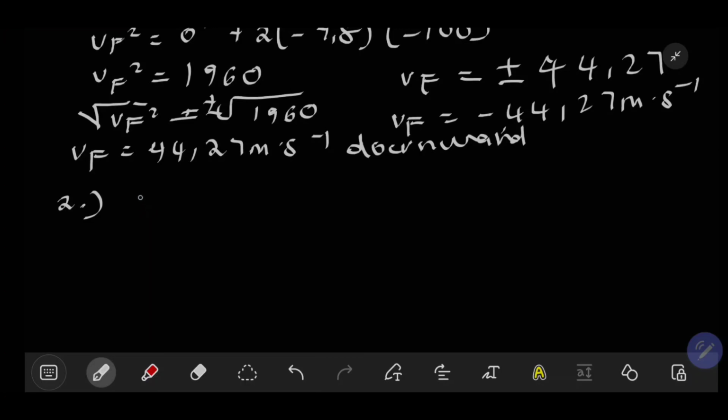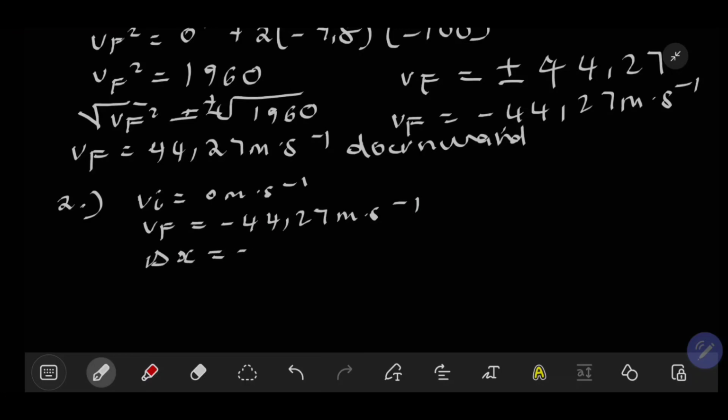But remember, we have the v initial of this ball, which is 0 meters per second, and then we have our v final, which is negative 44.27 meters per second. And then we also know that the ball traveled negative 100 meters.